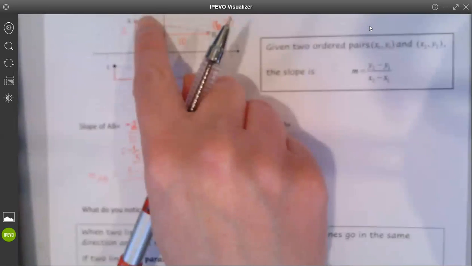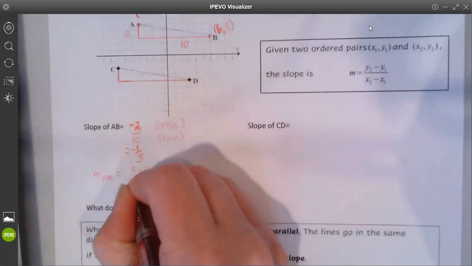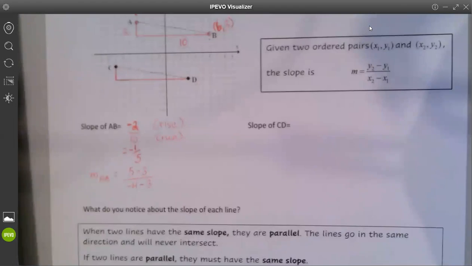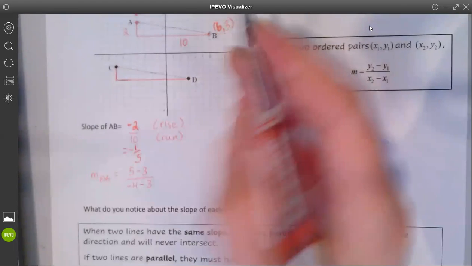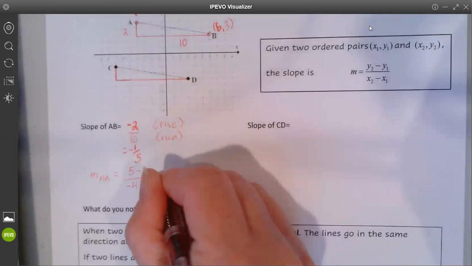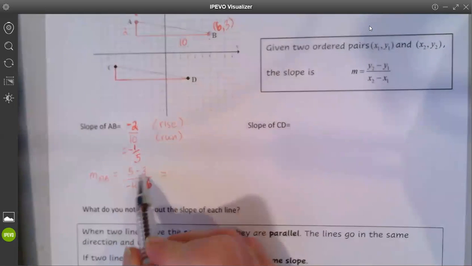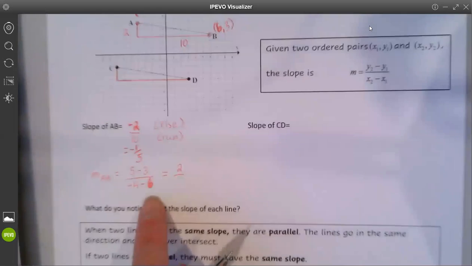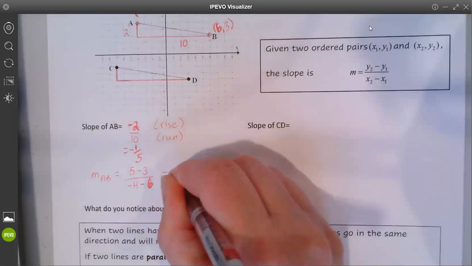My x value is -4, so it's -4, subtract +3. Oh, sorry, it's 6. I got my numbers mixed up. So now I'm running out of space, so I'm going to move over to the side. 5 take away 3 is 2. -4 subtract 6 is -10.